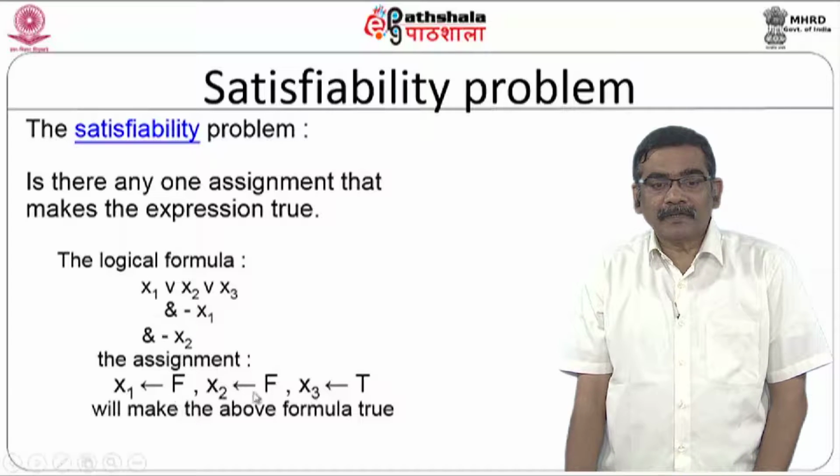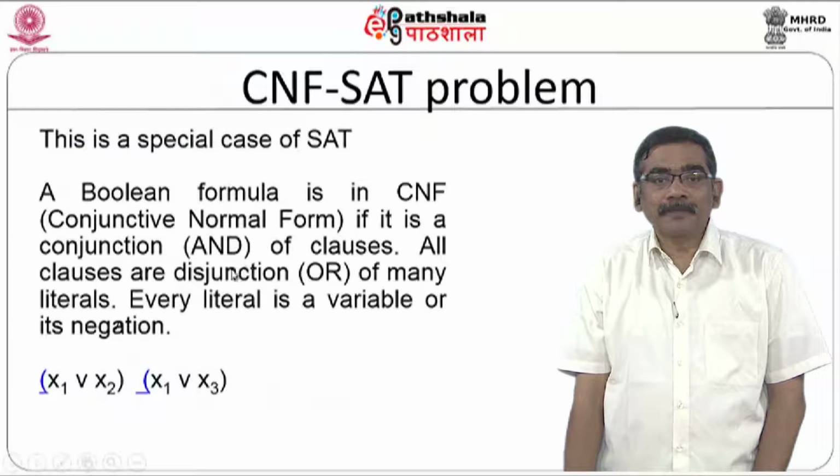You can see that for this set of assignments the problem is satisfied. As I said earlier, for smaller instances the problem solving is quite easy, but if the number of variables becomes large, then it is difficult.